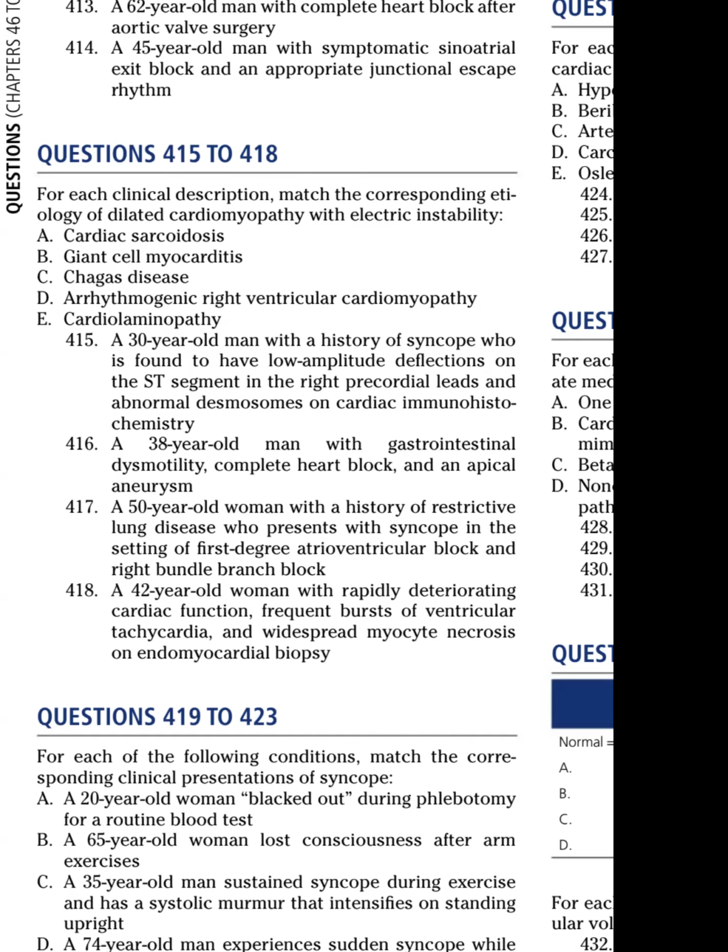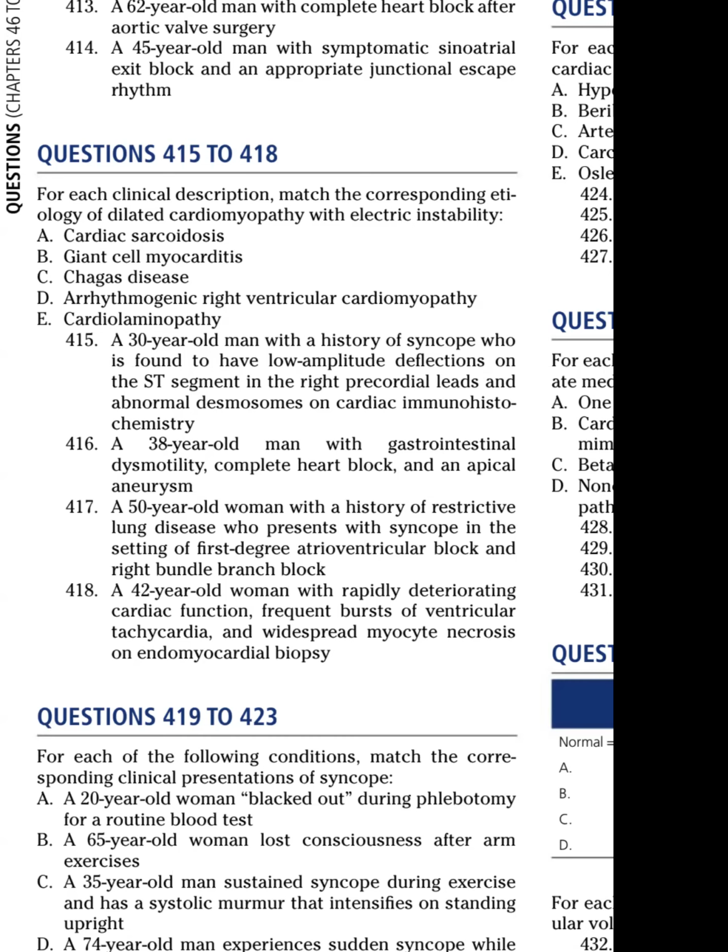So if we look back to the questions being asked now, in question 415, a 30-year-old man with history of syncope who is found to have low amplitude deflections on the ST segment in the right precordial leads and abnormal desmosomes on cardiac immunohistochemistry.